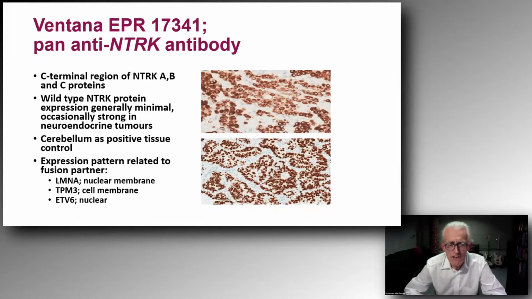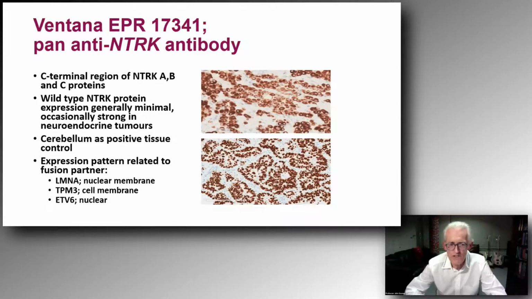If your fusion partner is LMNA, and that's the commonest fusion partner with Spitz tumors, then it's usually the nuclear membrane where the protein is expressed. If your fusion partner is TPM3, and this is what we often see when NTRK1 fuses with that gene in a range of adenocarcinomas, including non-small cell lung cancer, then the cell membrane is the predominant site of expression.